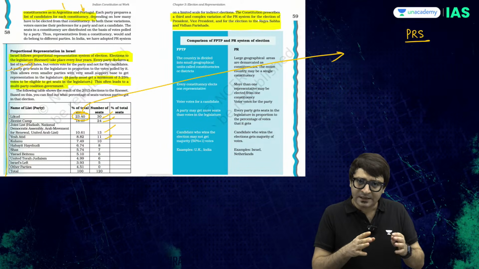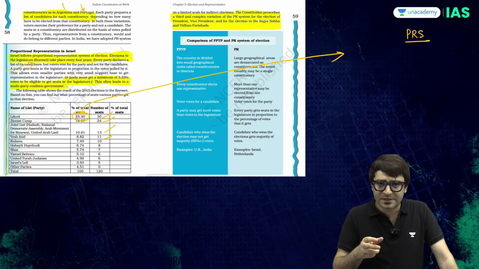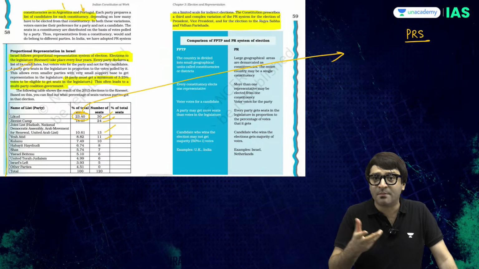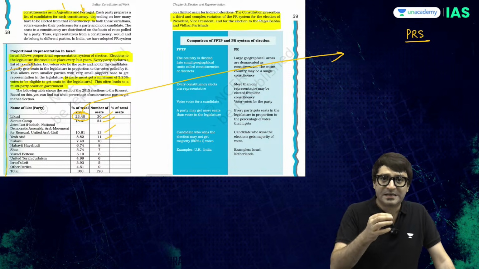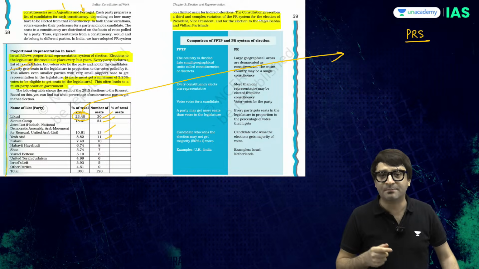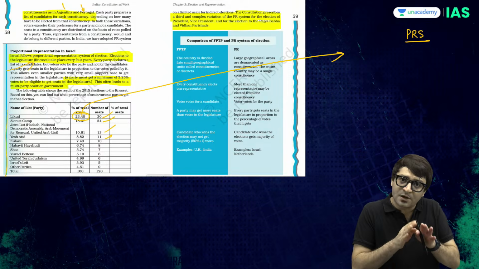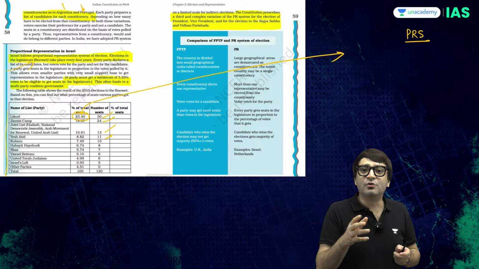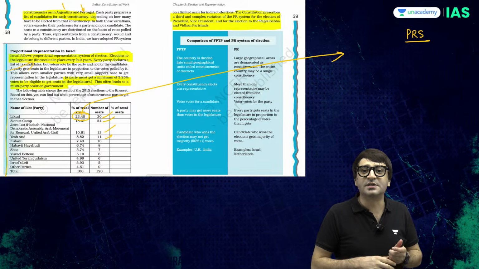Which means in India, there are 543 constituencies. And from every constituency, only one candidate will emerge as the winner. But in Argentina, in Portugal, for example, there can be multi-member constituencies as well. Which means from a particular constituency, you can elect more than one representative as well.